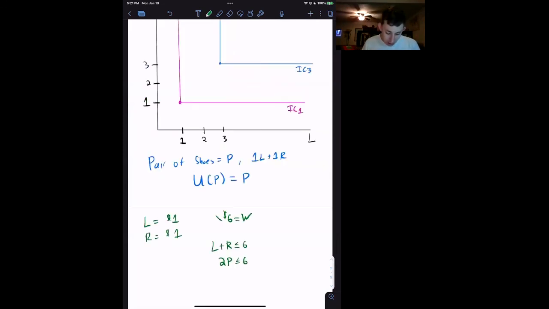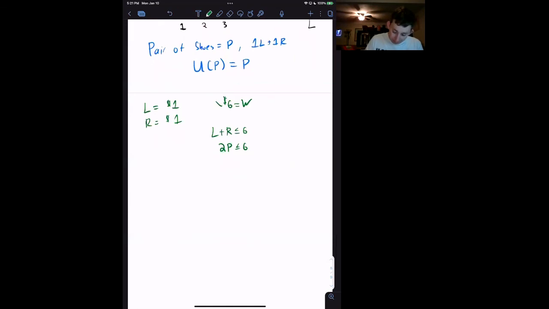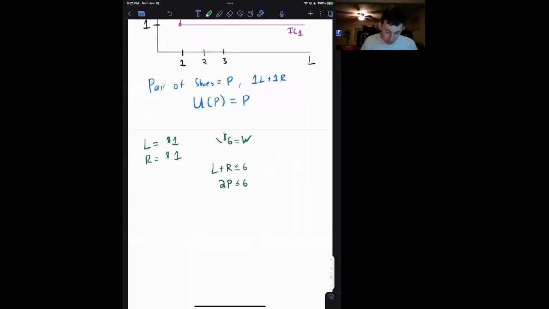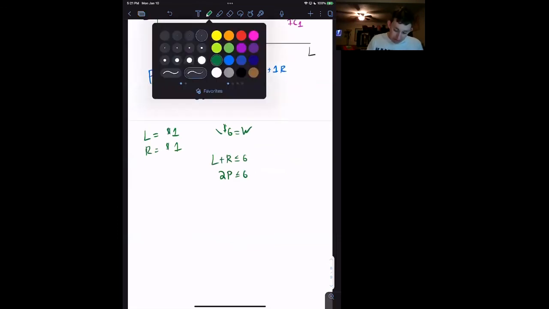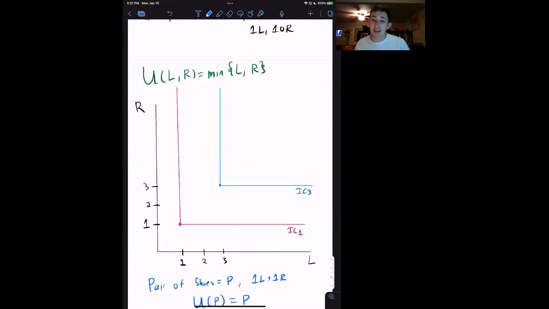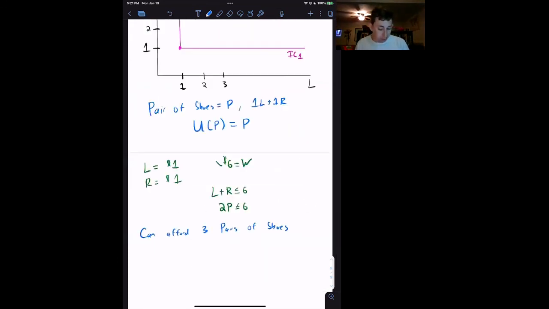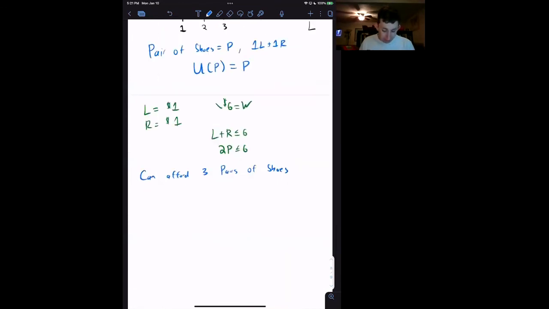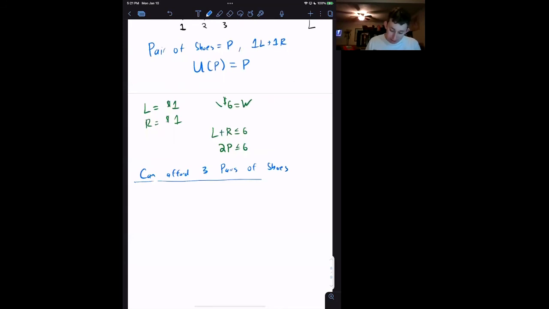So we know that this means, with my budget constraint, I can afford at most 3 pairs of shoes. And because our preferences are monotonic, convexity isn't a super issue here because they're already in perfect proportions. We're already doing mixtures. Then my answer to this question is going to be that I'm going to buy 3 pairs of shoes.